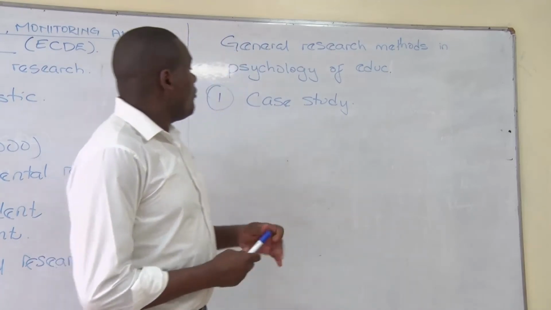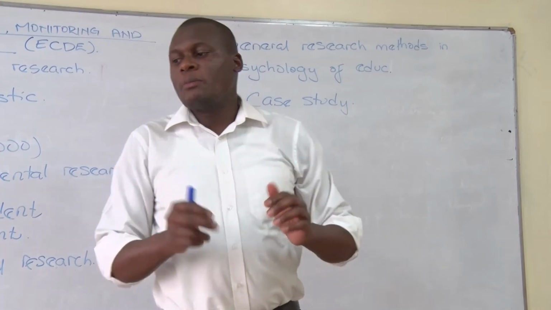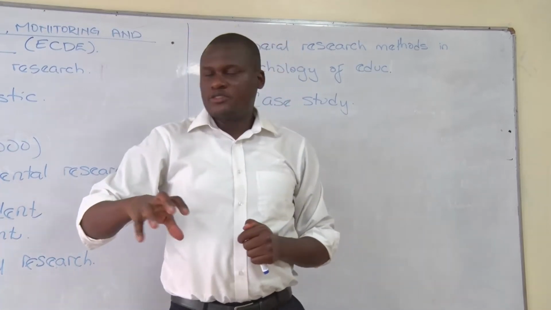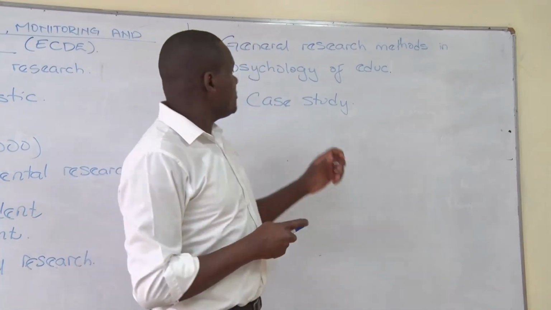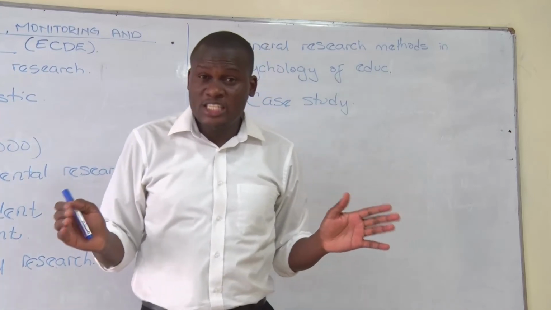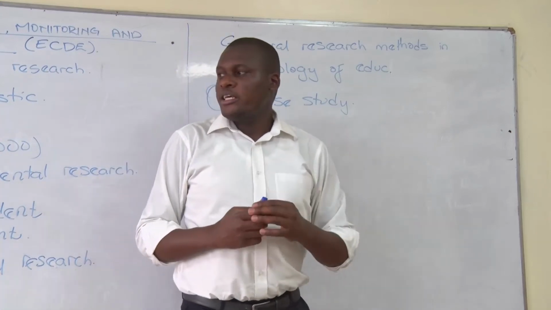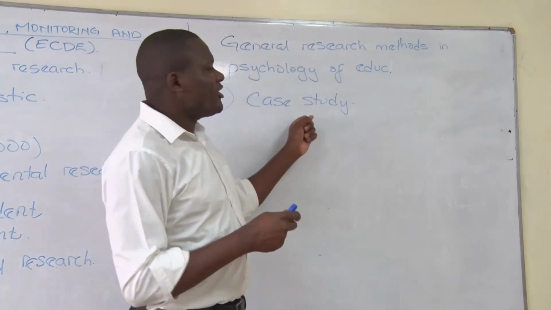So in a case study, in essence, we narrow down to a particular unit or area of study. Remember, for the diploma class, you've got to understand that you will not study a very big or wide population. That is why in your title, you must summarize your title to a case study or an area.